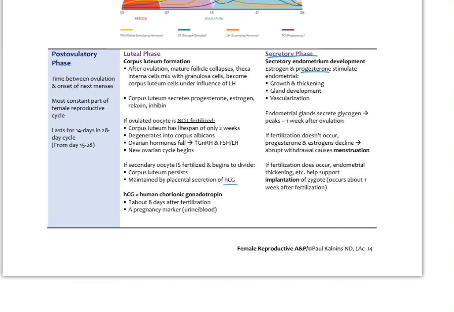HCG, again, is human chorionic gonadotropin. We're going to see levels start to increase about 8 days after fertilization. It is a pregnancy marker. The typical pregnancy tests are the urine tests. More sensitive would be serum HCG, which can be done in the clinic.